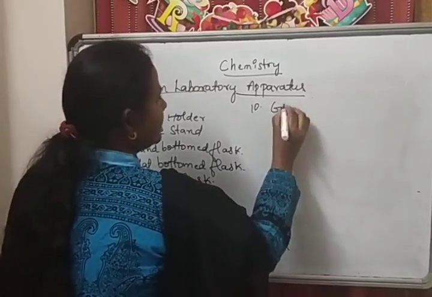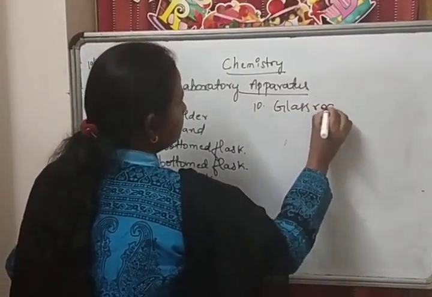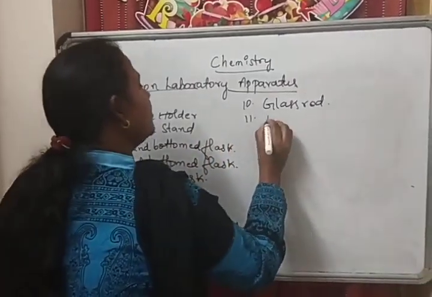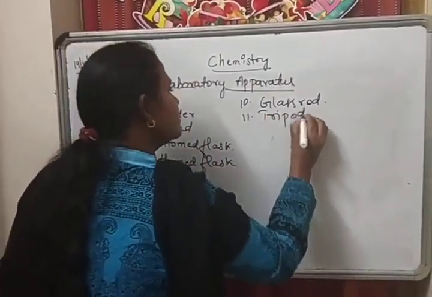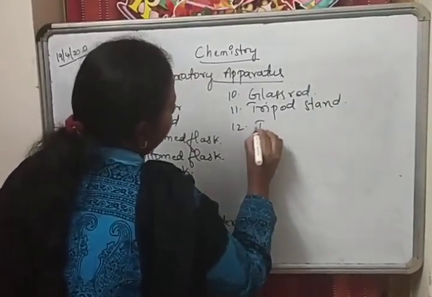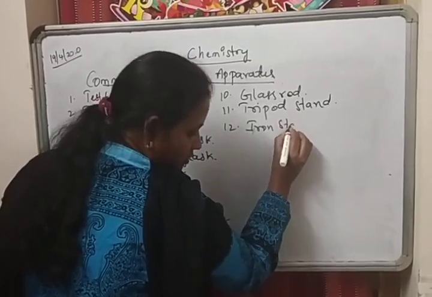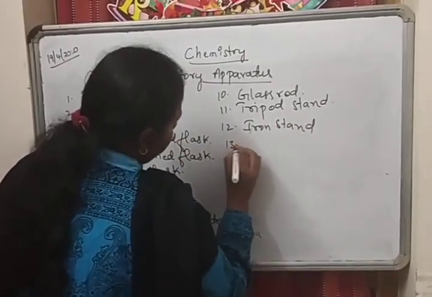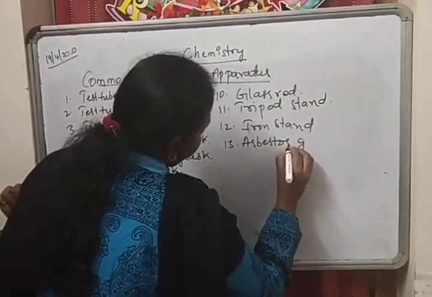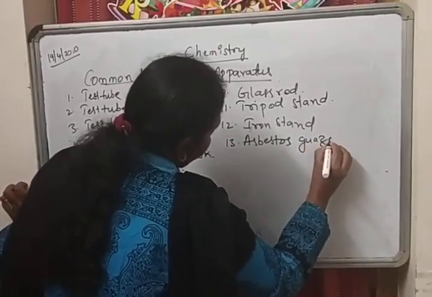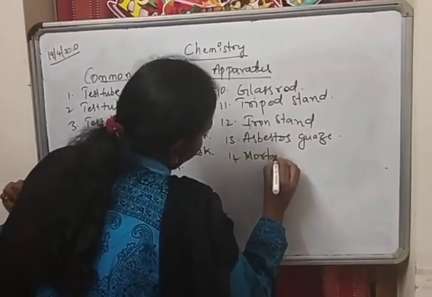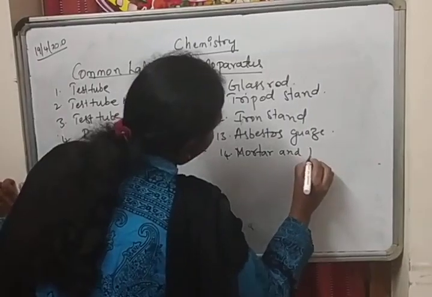10th one, glass rod. 11th one, tripod stand. 12th one, iron stand. Next, asbestos gauze. Next, mortar and pestle.